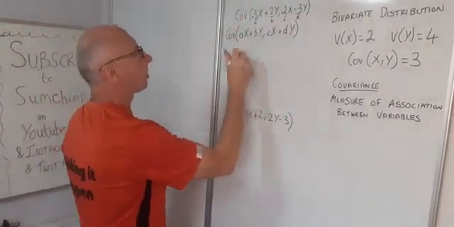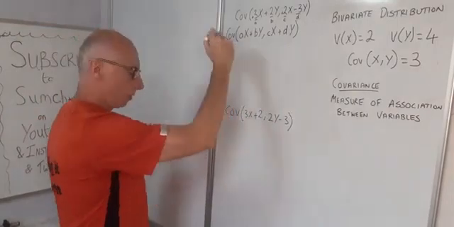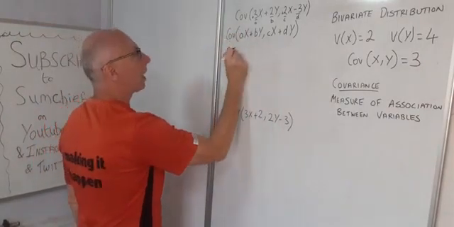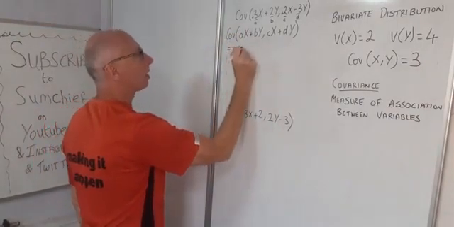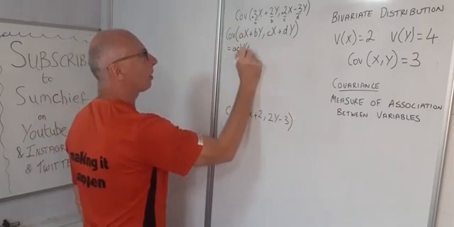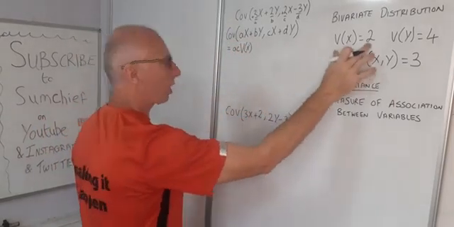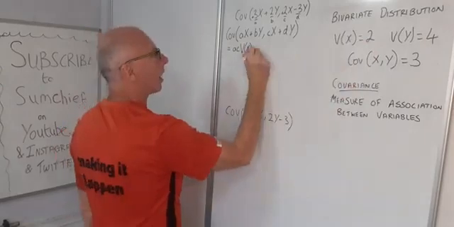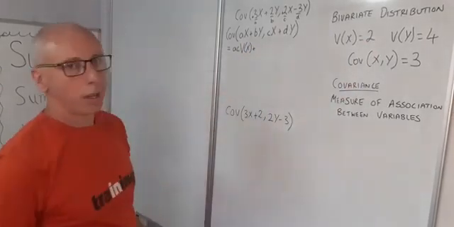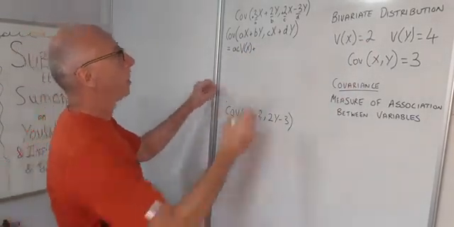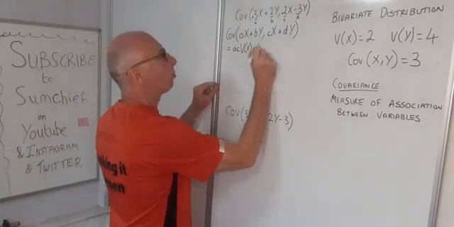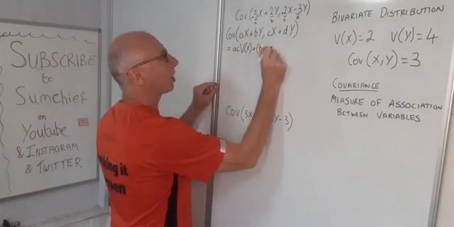With that set up, the formula is a times c times the variance of x, which we are given here, and then a combination of two terms, bc plus ad.